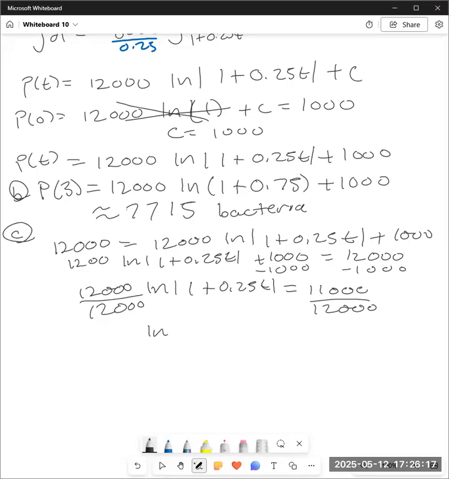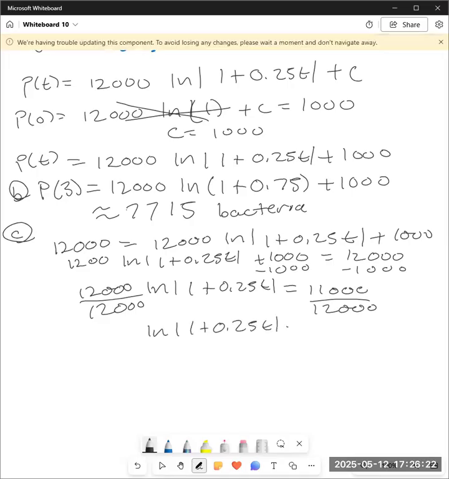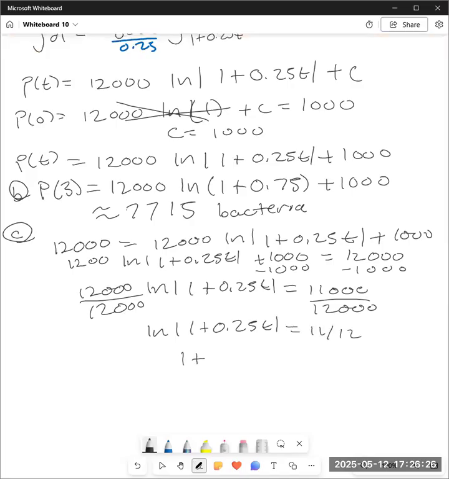We get ln of absolute value 1 plus 0.25t is equal to 11/12. So 1 plus 0.25t is equal to e to the 11/12. 0.25t is equal to e to the 11/12 minus 1.